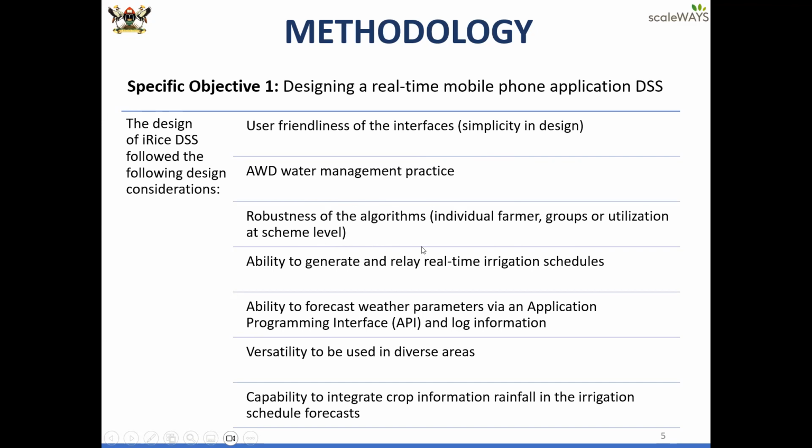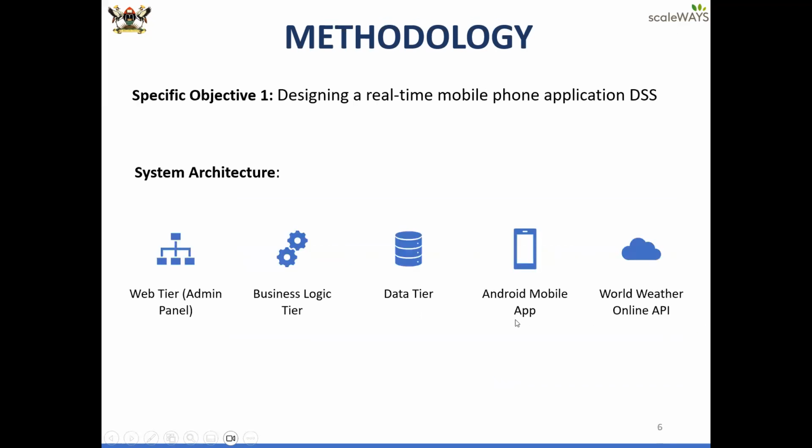Then the robustness of the algorithm, because it had to be capable of handling the farmers as a group or as a scheme. And then the ability to generate real-time information to the farmers. Among others, there was also versatility to be used in diverse areas, so different parts of the country and the world, and also the capability to integrate crop information with the rain. If rain is estimated to be coming up, then it suspends the irrigation schedule.